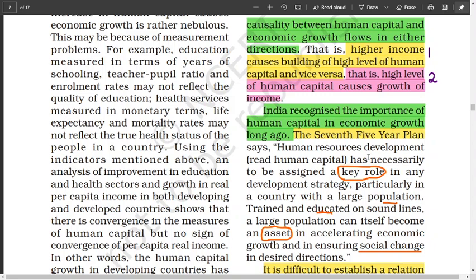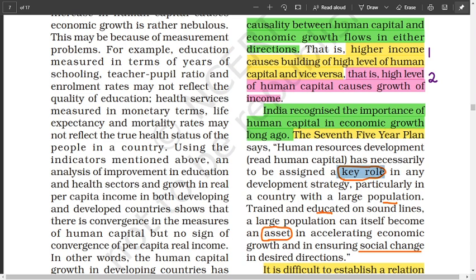So that's why, right from the 7th five year plan, we have endorsed the importance of human capital and also implemented policy changes to bring about more and more development in human resources. Even right from the 7th five year plan, there has been the recognition of the need to develop human resource by assigning key role in development strategy.